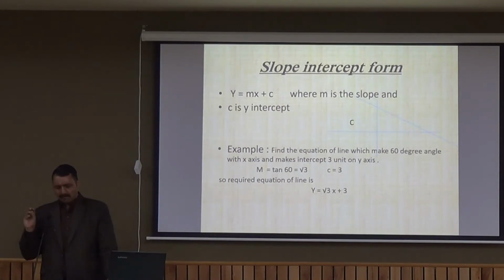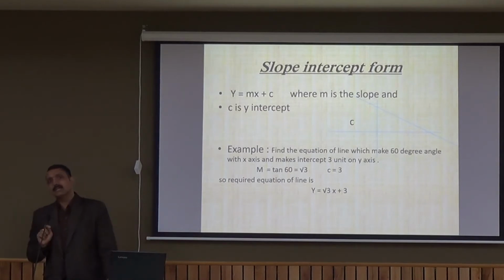Example: find the equation of the line which makes a 60-degree angle with the x-axis and makes an intercept 3 on the y-axis. We have the intercept made by the line on the y-axis, that is 3, so c is equal to 3.